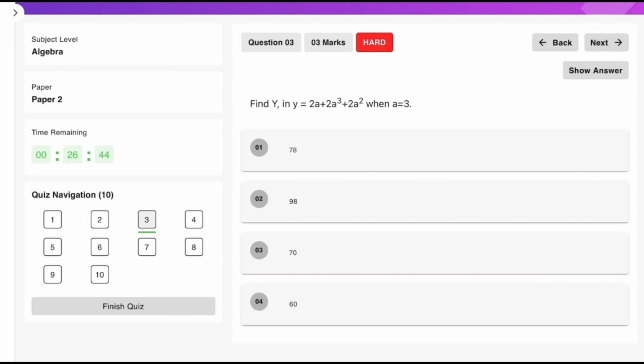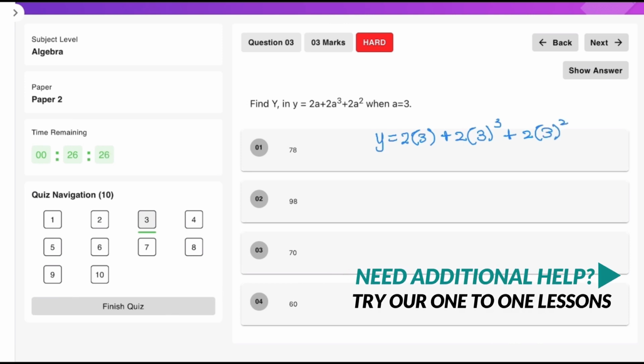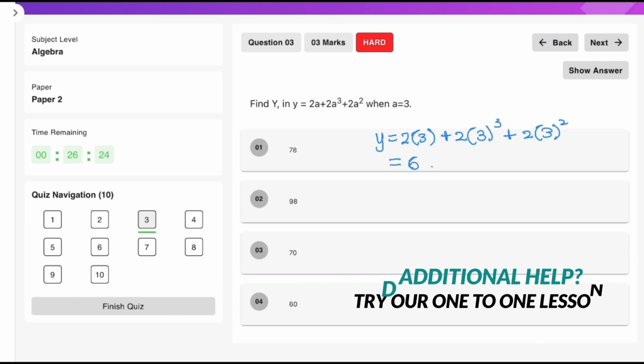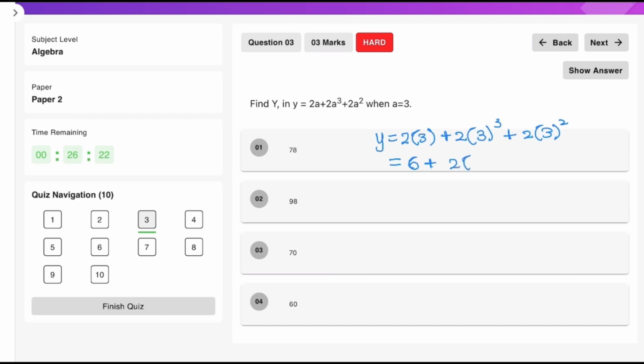And finally, we have this particular question here. So y is equal to 2 times 3 plus 2 times 3 cubed plus 2 times 3 squared, right? And this will be 6. So 2 times 3 cubed is 54, and 2 times 3 squared is 18.